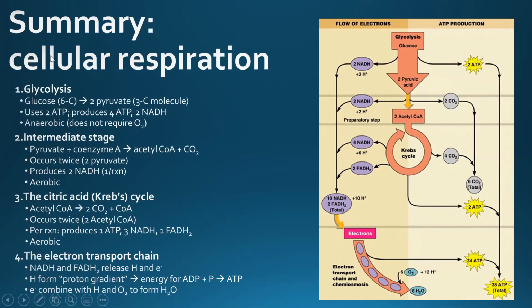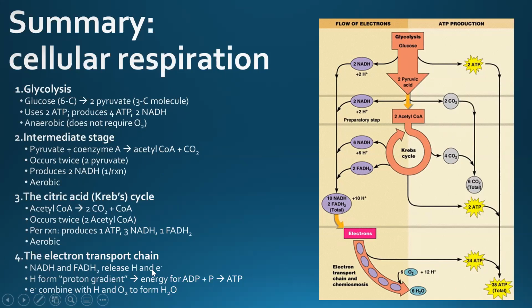Glycolysis occurs with or without oxygen, so that means it occurs in all organisms. Second, the intermediate stage: remember the pyruvate that's produced, but you're producing 2, so it's double of everything after this. You're producing the acetyl-CoA and the carbon dioxide, and the carbon dioxide is just going to be waste.